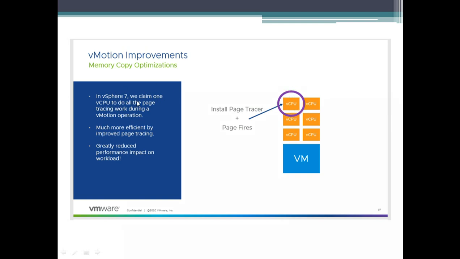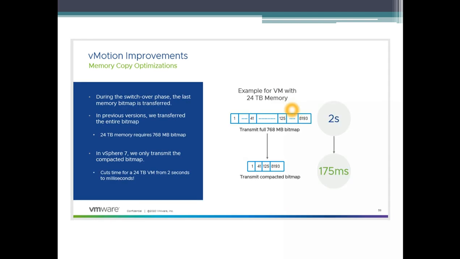In vSphere 7, we claim one virtual CPU to do all the page tracing work during the vMotion operation. Much more efficient, improved page tracing greatly reduces the performance impact on the workload. As you can see, in the same virtual machine, we see only one page tracer there.